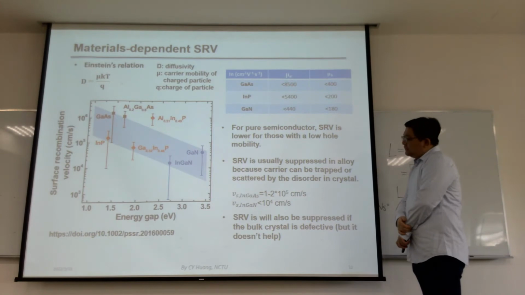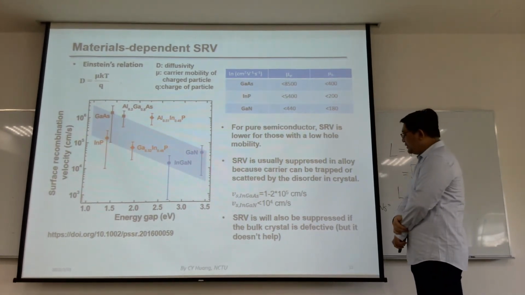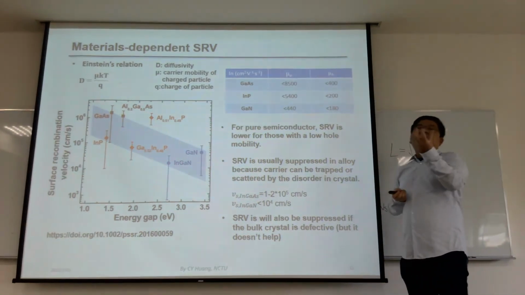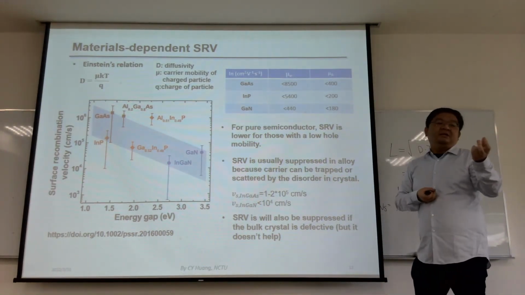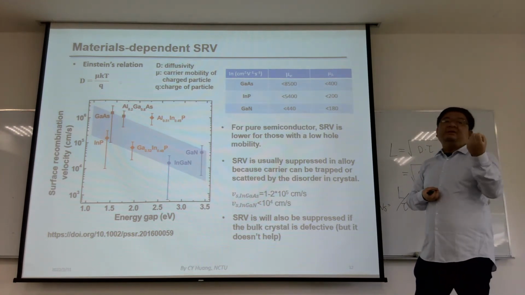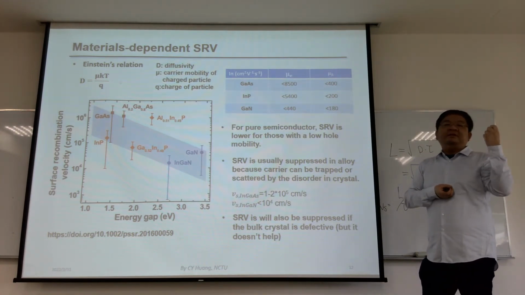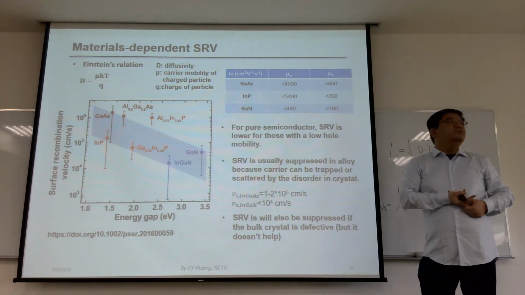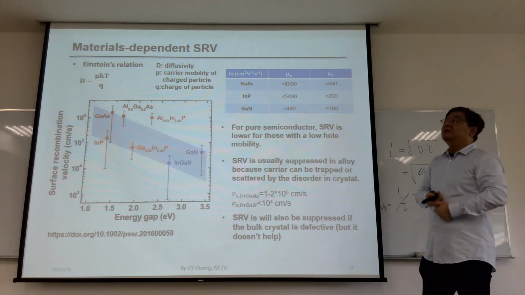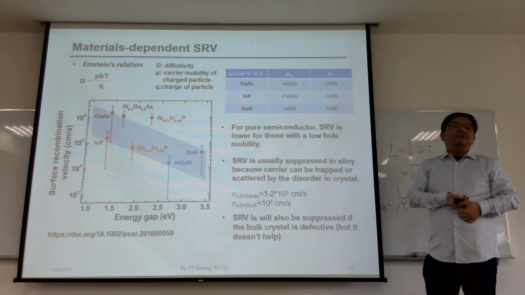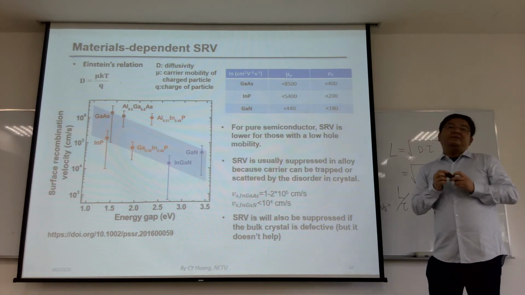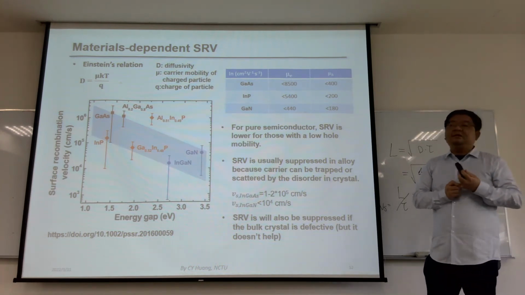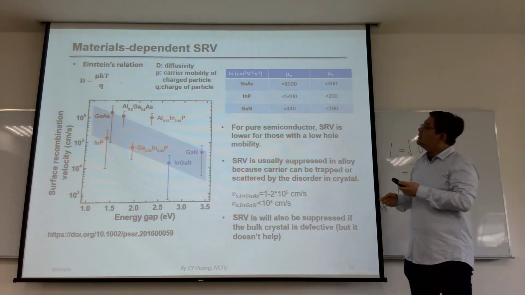Surface recombination is a big issue for devices with small volume, like micro LEDs, VCSELs, nanowires, or even photovoltaic devices, solar cells. Surface recombination is of great interest. For lasers, it's something we need to take a look at, but probably not the major issue now.